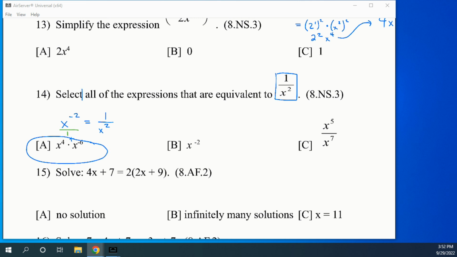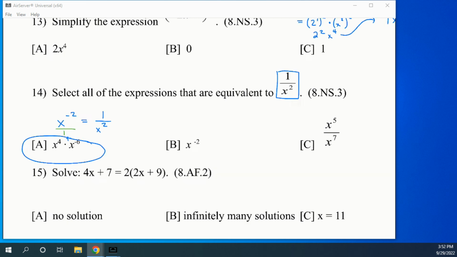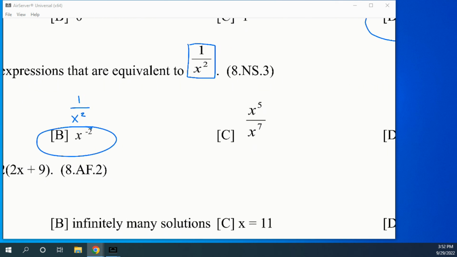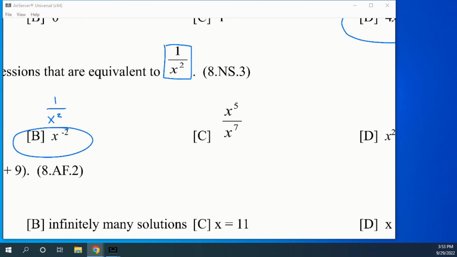It does say all of the expressions, so I'm going to keep going on this. X to the negative second power, we literally just got that on A, so that does equal 1 over x squared, which is what we're looking for. Okay. For C, we're going to subtract x to the 5 minus 7, which is x to the negative second power, and we did just, for the past couple, figure out what that is.